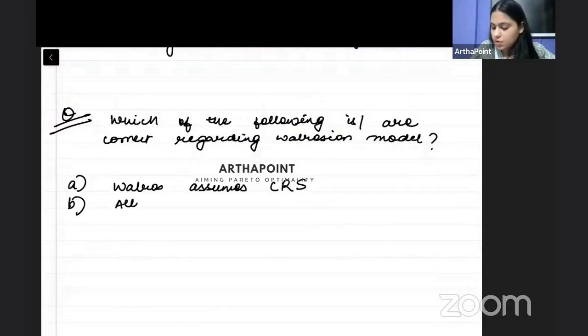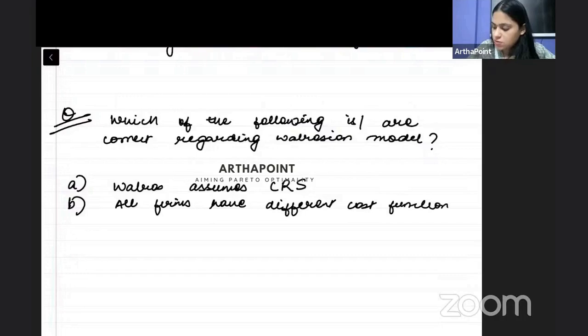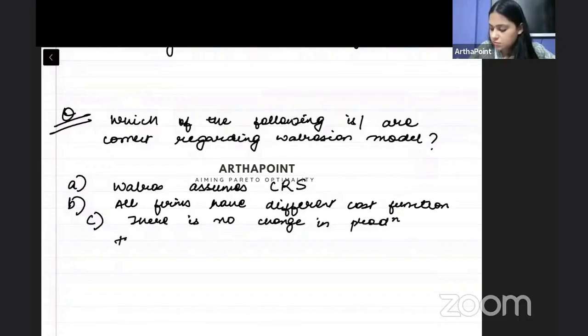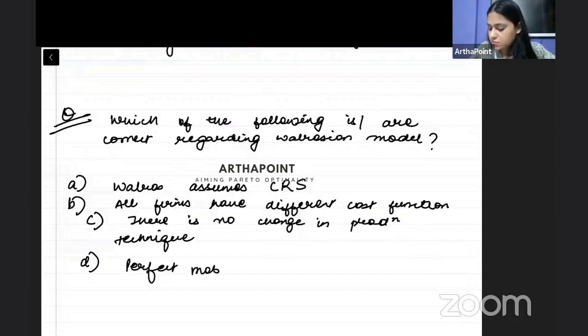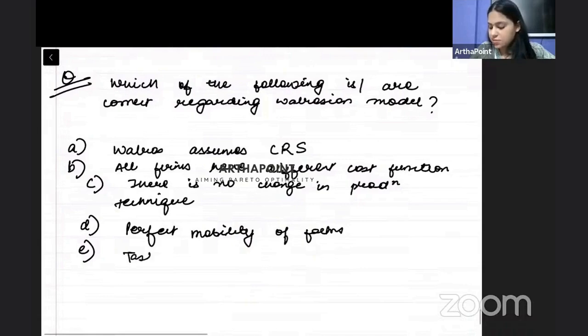Option number B, all firms have different cost function. Option number C, there is no change in production technique. Option number D, perfect mobility of factors. Option number E, taste and preferences same.